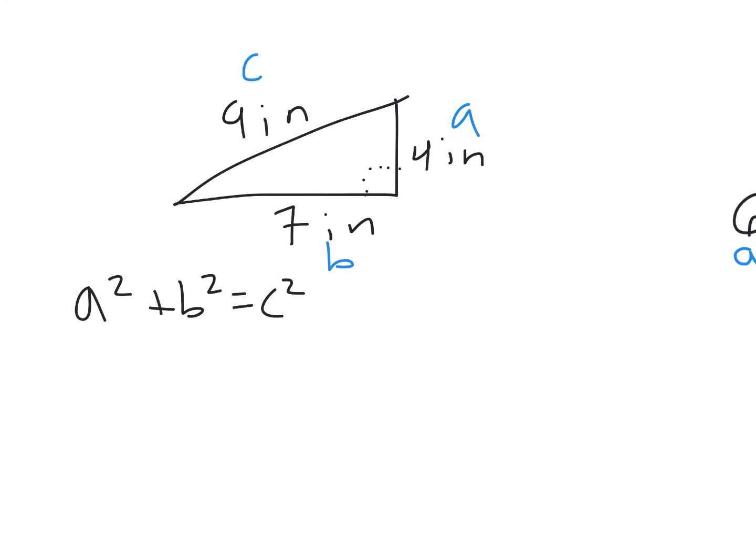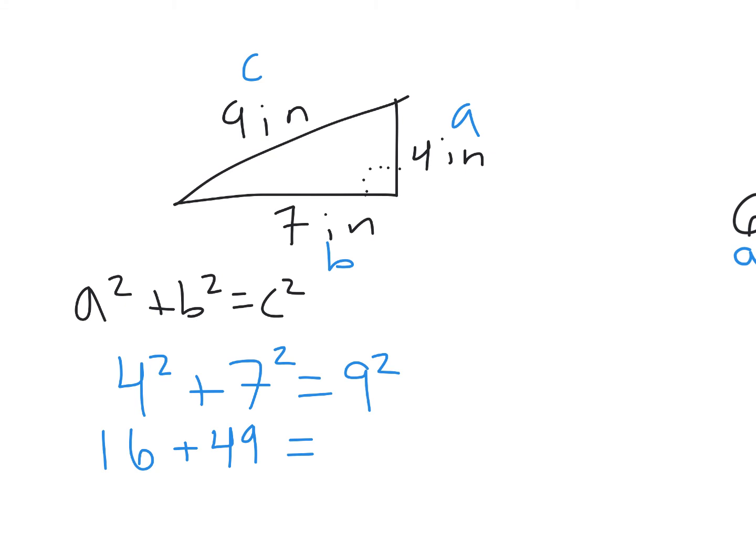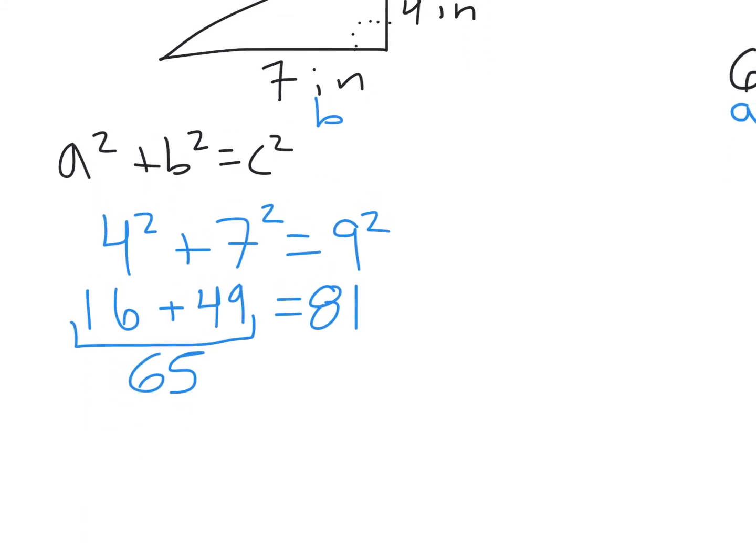So A squared would be 4 squared, plus B squared would be 7 squared, is equal to C squared, which would be 9 squared. Well, let's do this math. 4 times 4 is 16, plus 7 times 7 is 49, and then 9 times 9 is 81. 16 plus 49 is equal to 65, and I have 81. 65 is equal to 81?